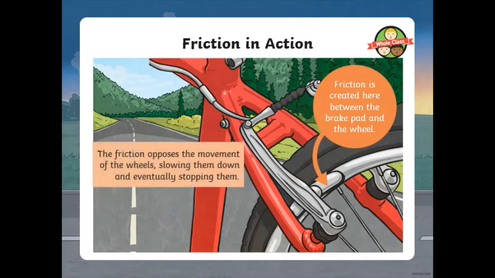The friction opposes the movement of the wheels, slowing them down and eventually stopping them. As soon as you press the brakes, the friction opposes the movement and eventually stops the bike.